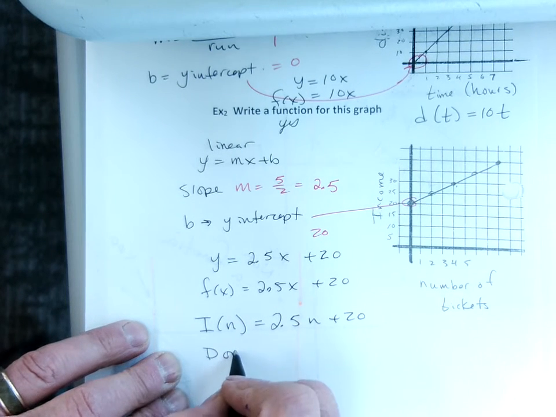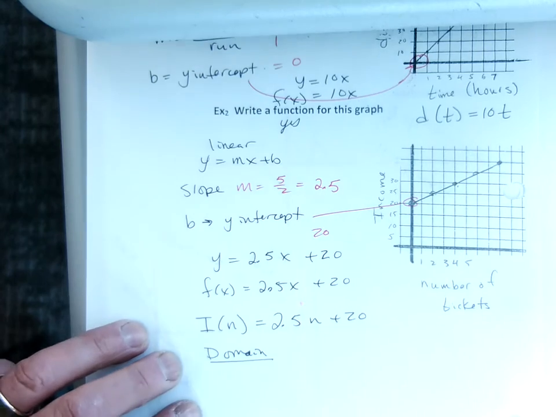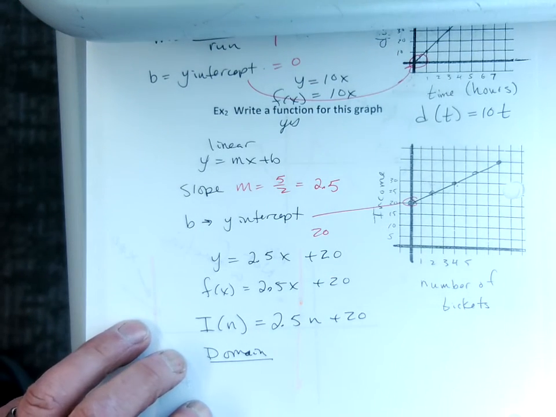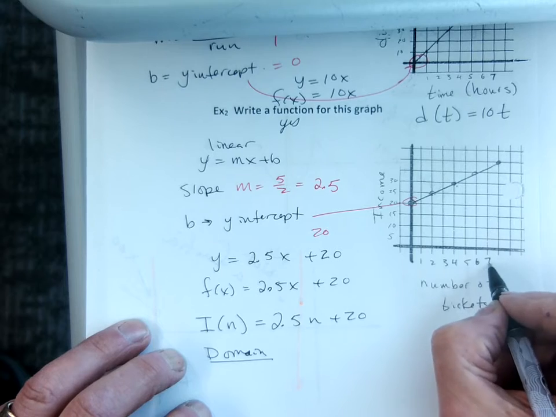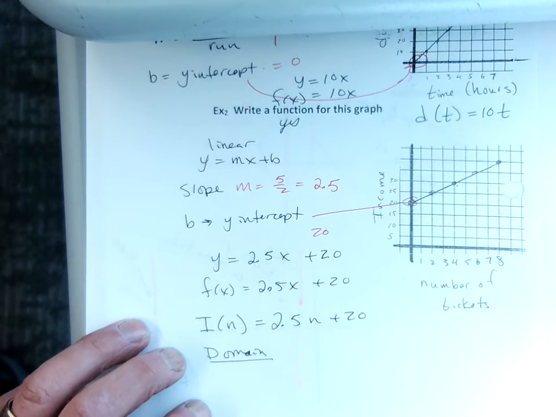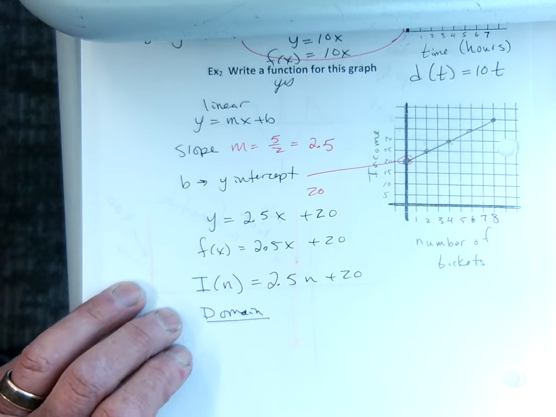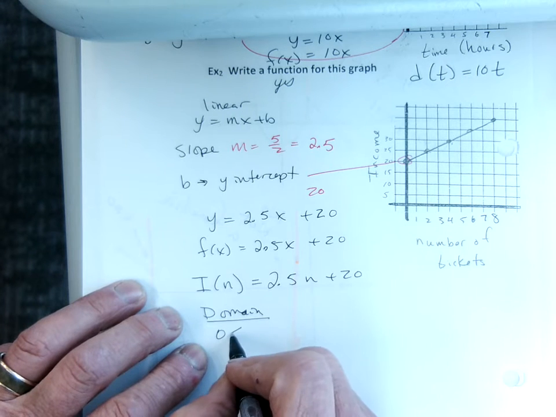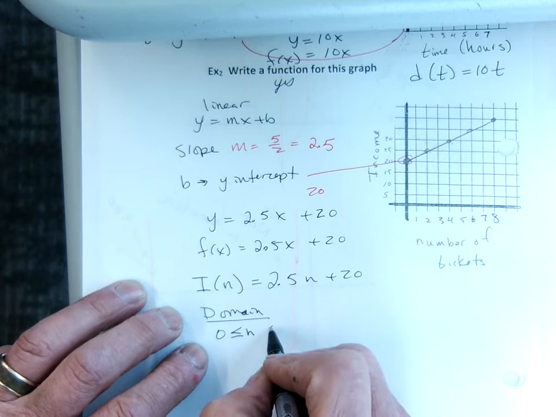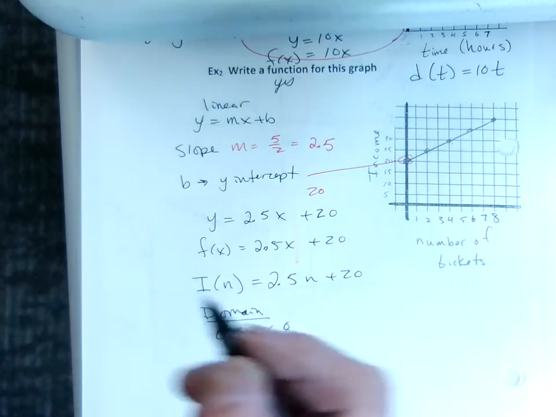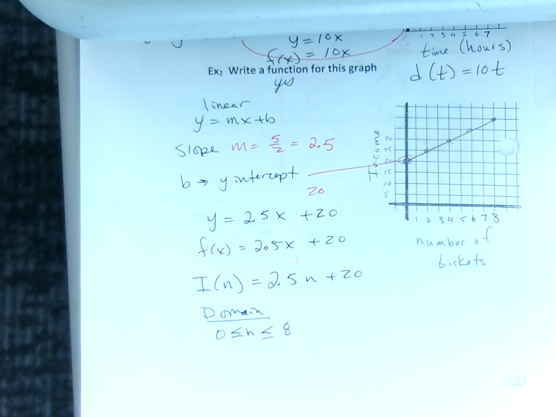Domain. That's my domain. Zero is less than or equal to n, which is less than or equal to 8. So what does that tell me? No, domain is your x's, right? Number of tickets.